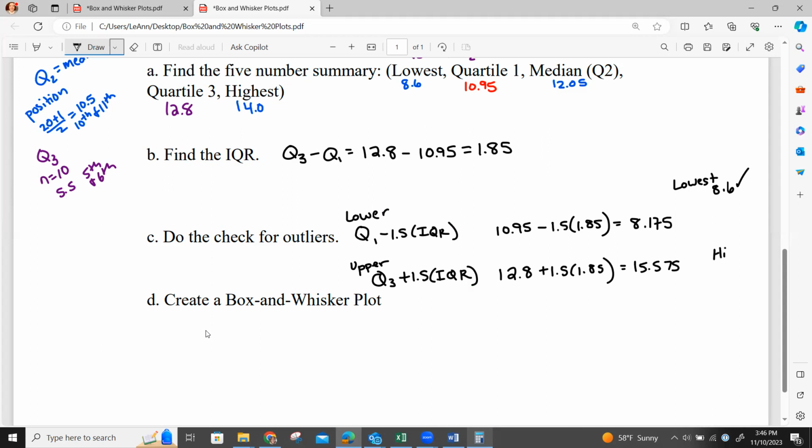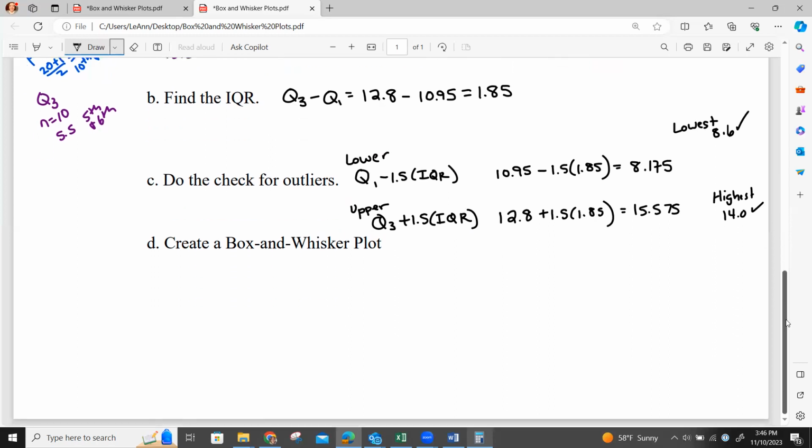And our highest value in our data set was a 14.0, so we're okay. So remember, this is just the acceptable range of values that would not be considered possible outliers. So since our lowest and highest value in our data set fall within those ranges, we do not have to have the little asterisks to represent a possible outlier. So our box and whisker plot will be very, very straightforward.